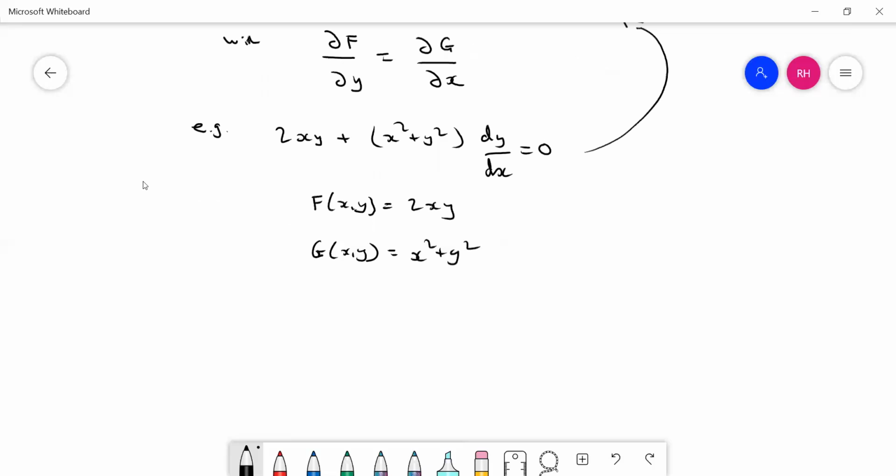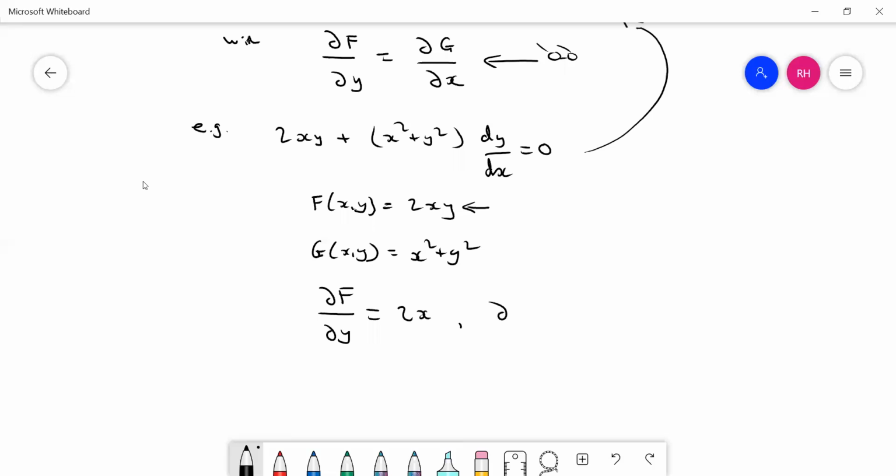And then the second thing, we need to ensure that that's correct. So the partial derivative of f with respect to y, remember the partial derivative just means that we take the derivative where we treat x like a constant. So if we take the partial derivative of this with respect to y, that's just 2x.